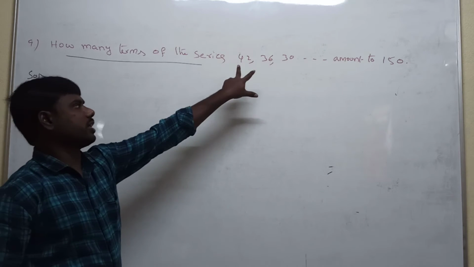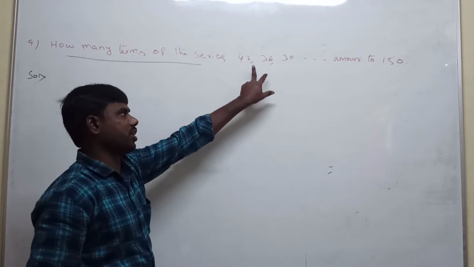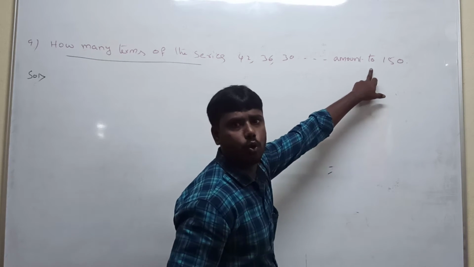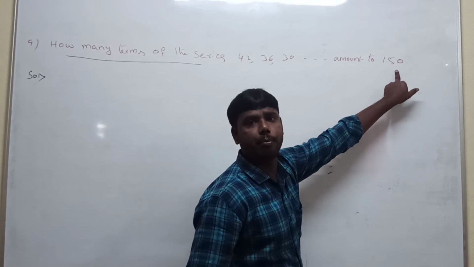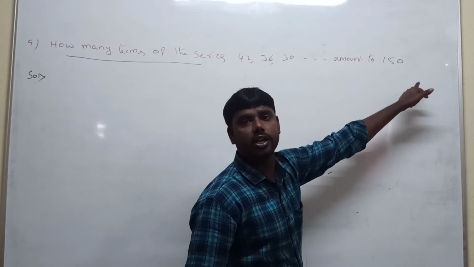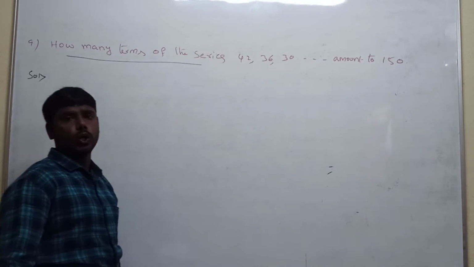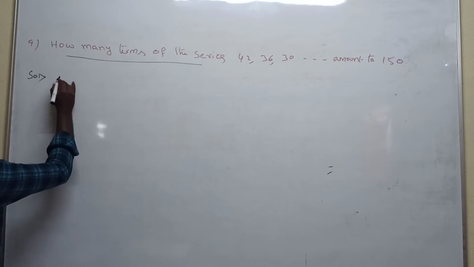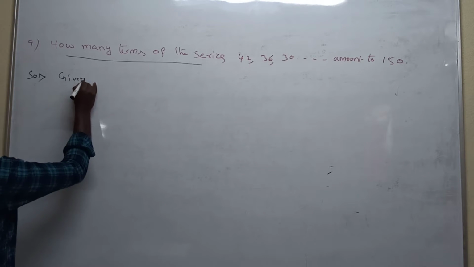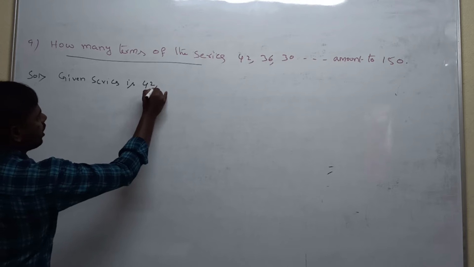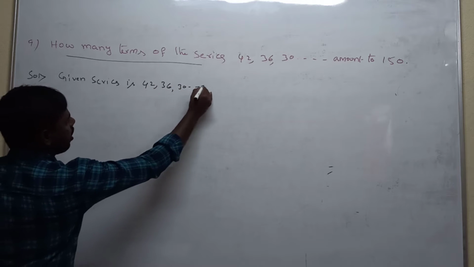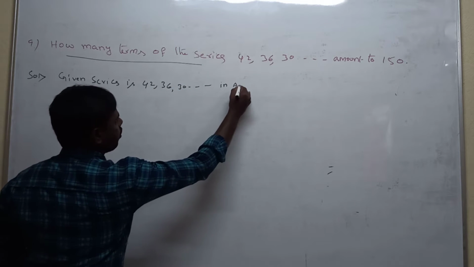They are given one sequence or series. After that, they are given that the total sum is 150, meaning the Sn value is 150. The given series is 42, 36, 30, and so on, in arithmetic progression.